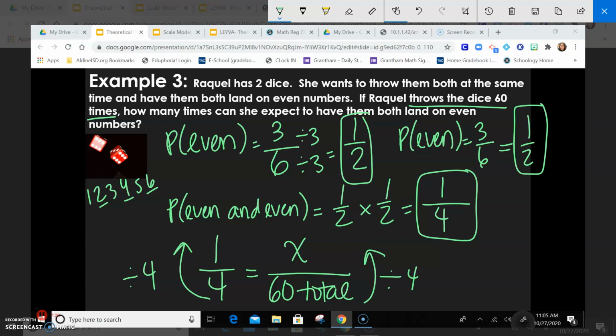So I'm going to go ahead and divide this out to figure out how many times she should get even numbers on both dice. So it looks like out of the 60 times, she should be able to get both dice to land on an even number 15 times. So our prediction is that it should happen 15 times out of 60.